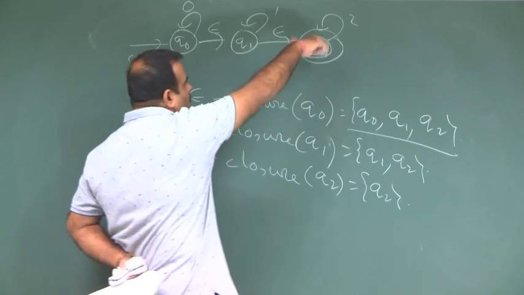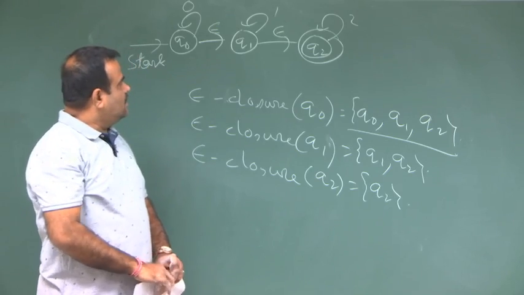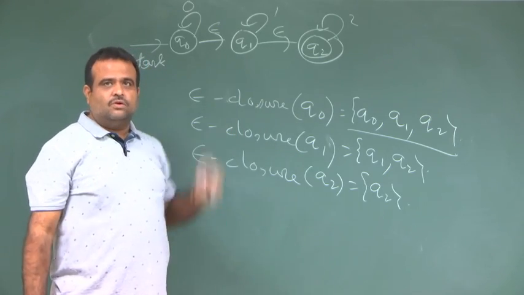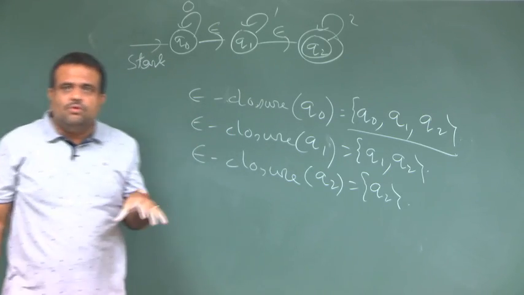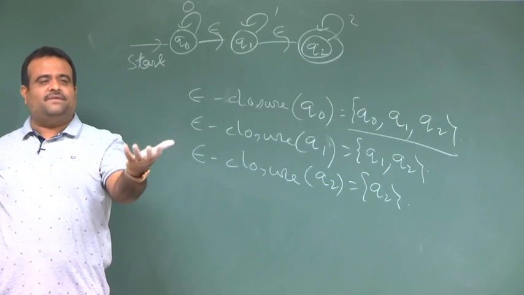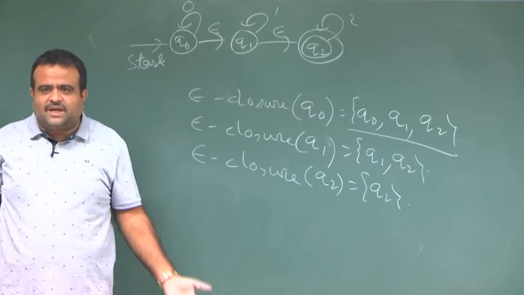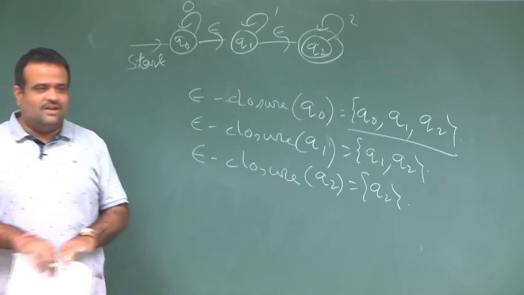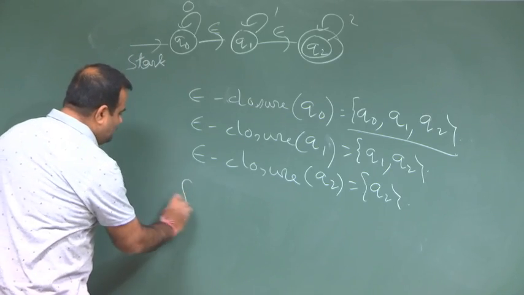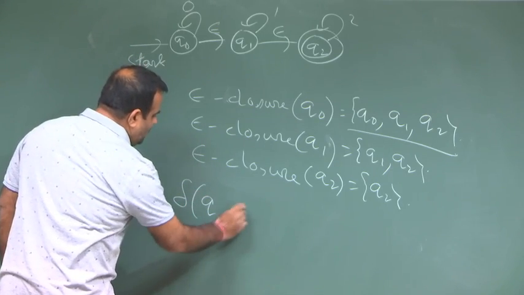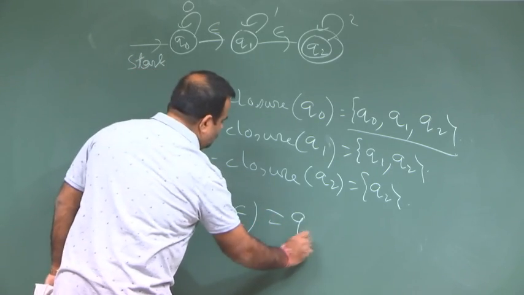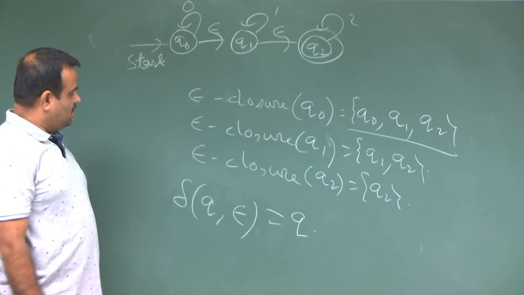Although there is no explicit epsilon move for q2, if we are at q2 and not reading any input from the tape, we will remain at q2. So that is by default: the epsilon closure of q always contains q.